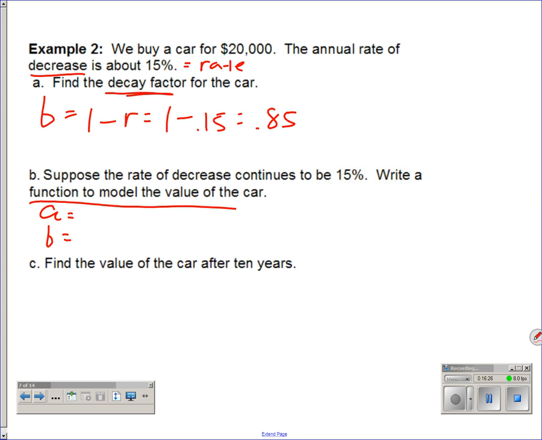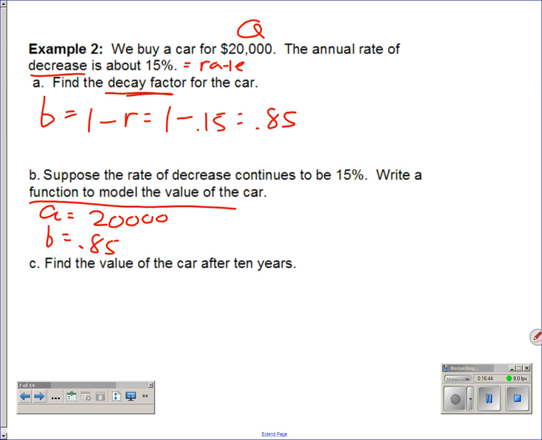All right, we know B, we just found that, it's 0.85. What's our A value? $20,000 is what we started with. If we have those two numbers, we have our formula, right?